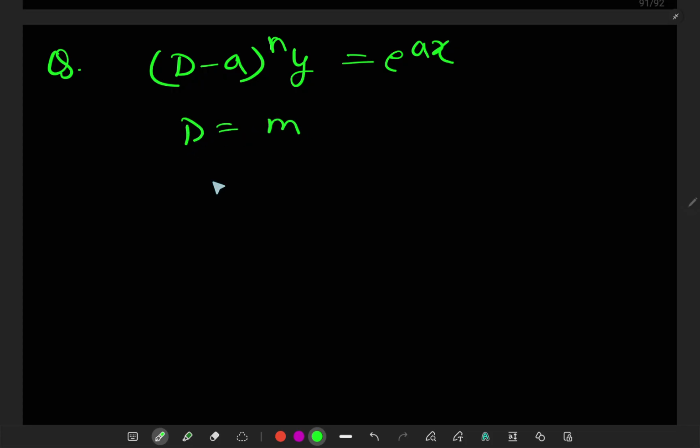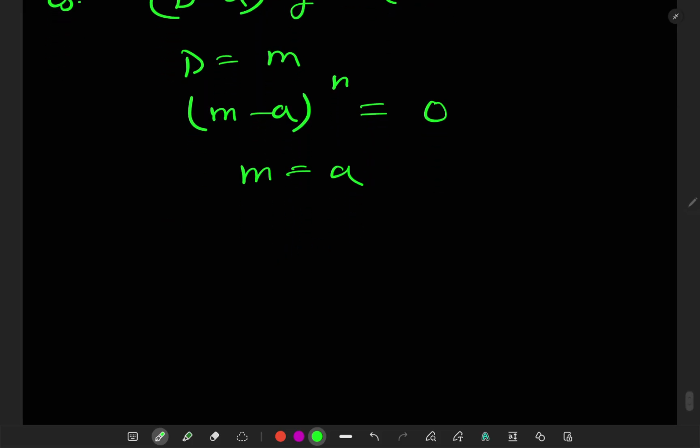Now do another question. D minus a raised to whole power n into y is equal to e raised to power ax. Now put D is equal to m. We get m minus a whole raised to power n is equal to 0. Then we get m is equal to a.